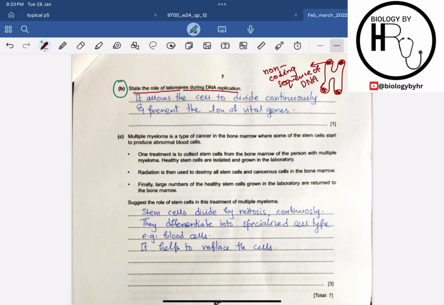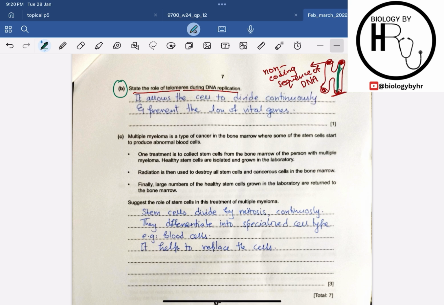As the cell divides, a part of the telomere is lost. So its importance is in preventing the loss of the vital genes. It prevents the loss of the vital genes.